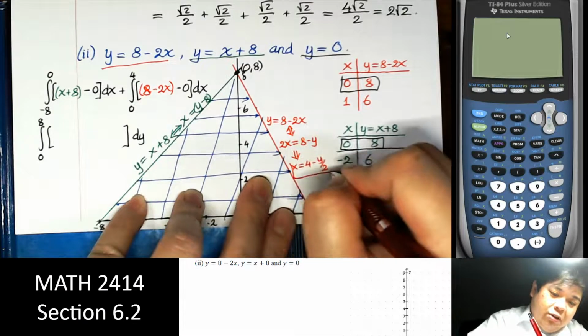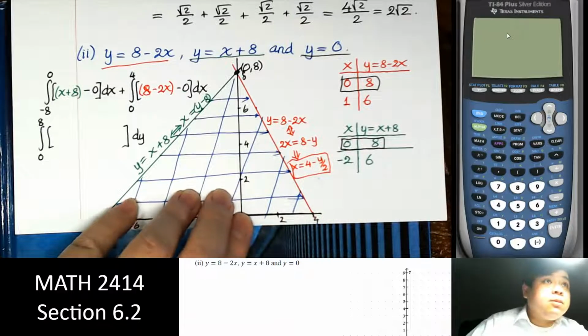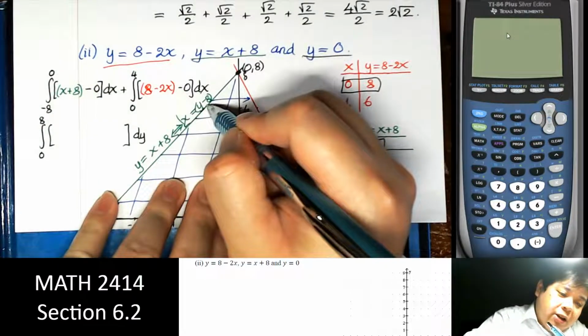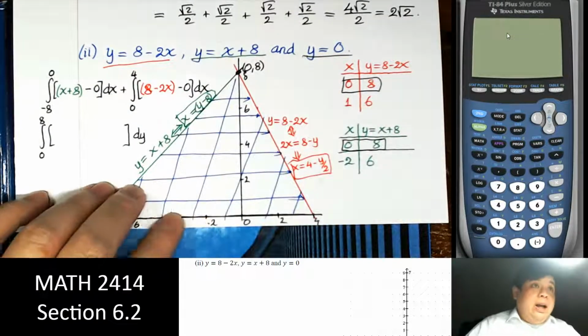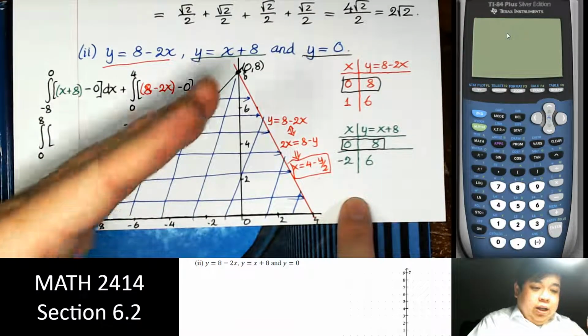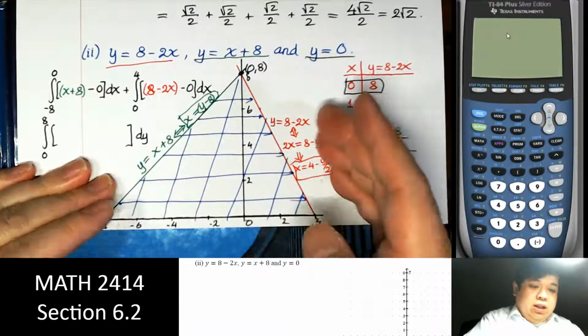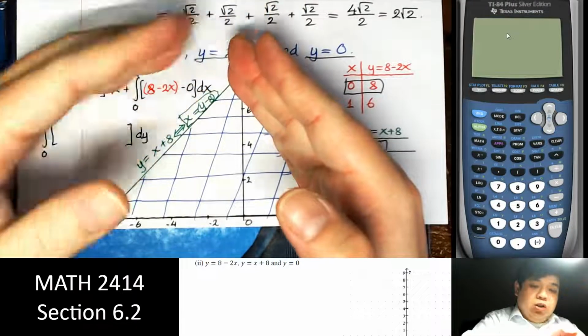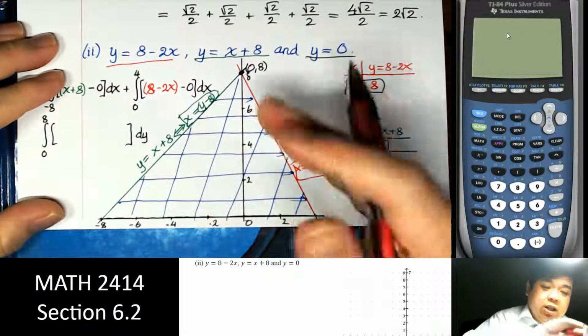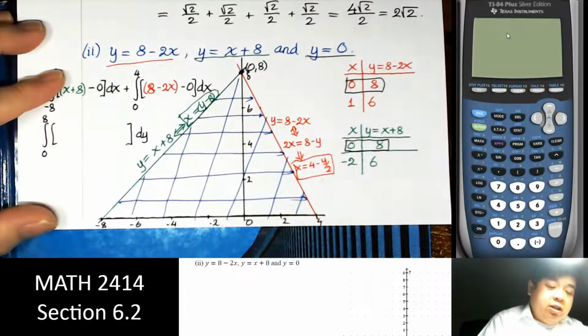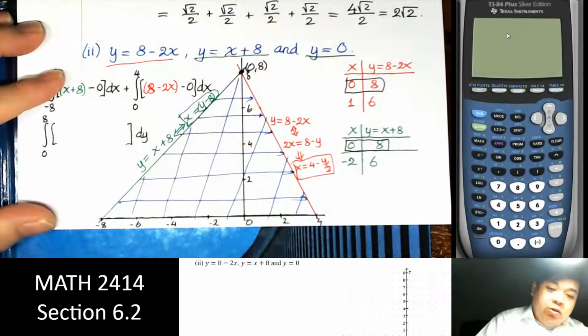So we're talking about this function and this function. Right, so with dy, we look sideways, the function on the left to the function on the right. And as always, the one on the right minus the one on the left. The bigger function minus the smaller function.